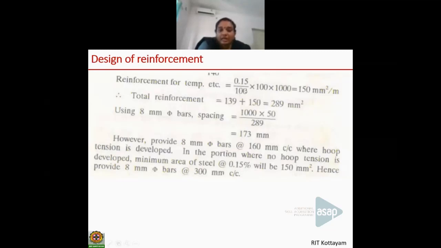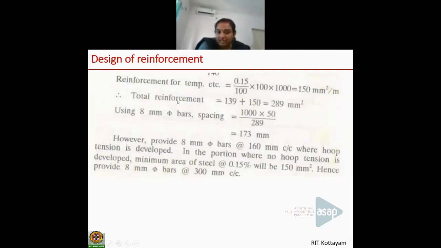The reinforcement for temperature is taken as 0.15 percent of the cross-sectional area. Cross-sectional area means the thickness multiplied by the width. So 100 into 1000 gives 150 millimeter square per meter length.